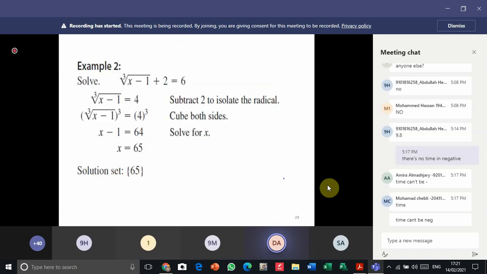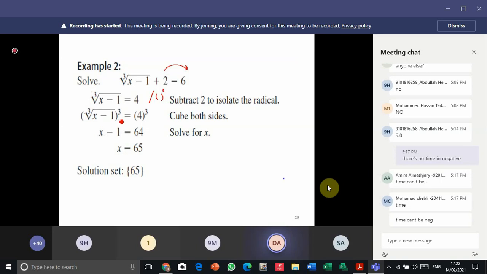Look at this example. We have a number, move it to the right hand side. So we have 6 minus 2 equal to 4. Take the cube for both sides, because we have a radical with index 3.